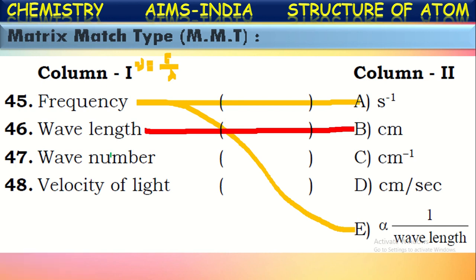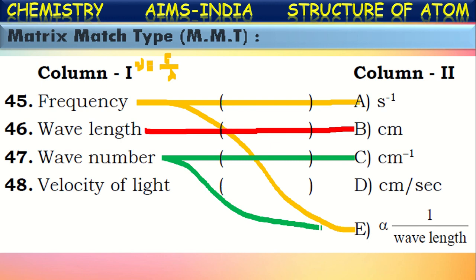Next one, wave number. Wave number is defined as the reciprocal of wavelength. So its units will be centimeter inverse. And at the same time, as it is reciprocal to wavelength, it is inversely proportional to wavelength also. Next matching, velocity of light. As it is velocity, its units will be centimeters per second or meters per second. Okay, this is a matching.